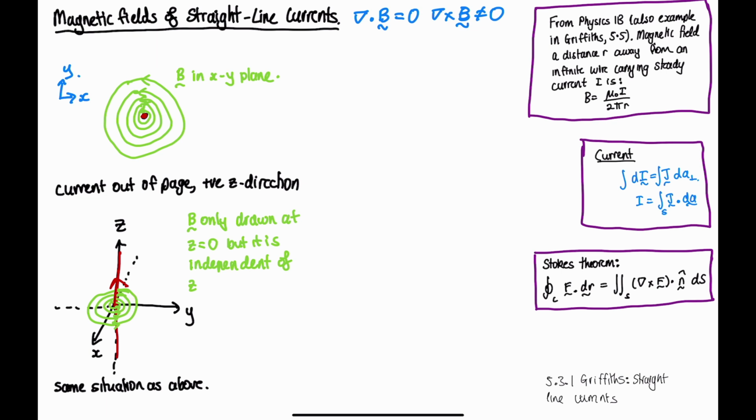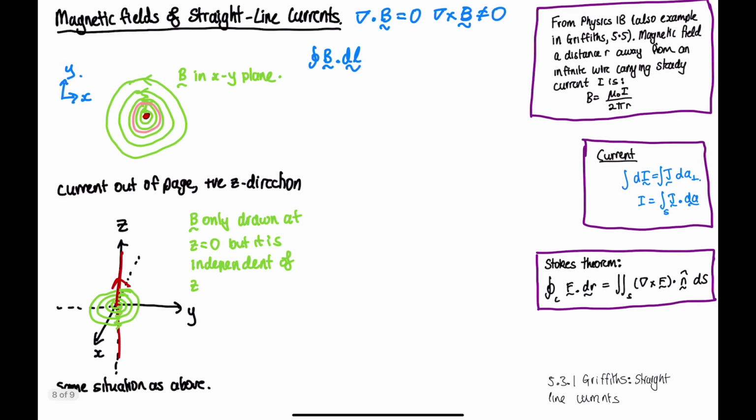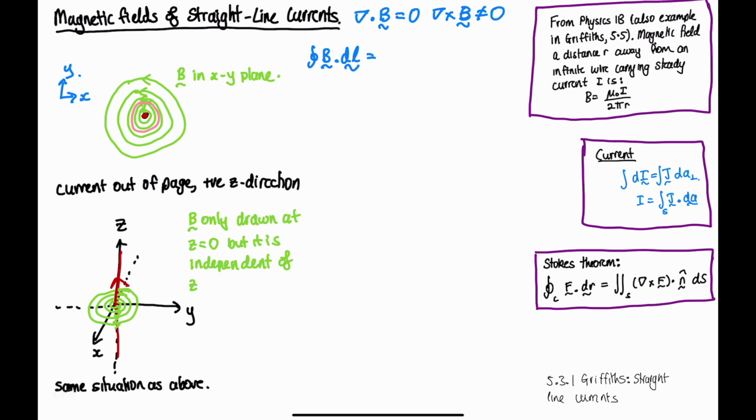Okay, so what we are going to start by doing is calculating the magnetic field around a closed path. So let's take a closed path like this one here. There's my path. And let's let this path have a radius of S. So I know that my magnetic field strength is given by this relationship here.